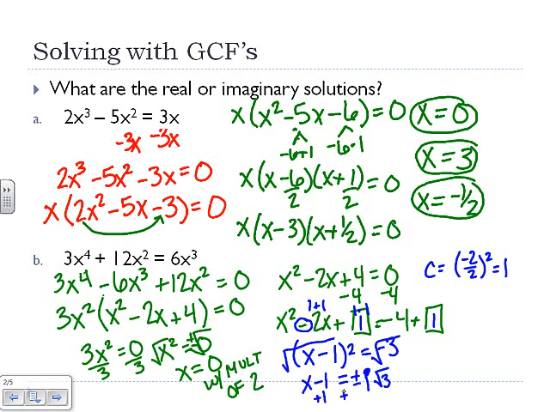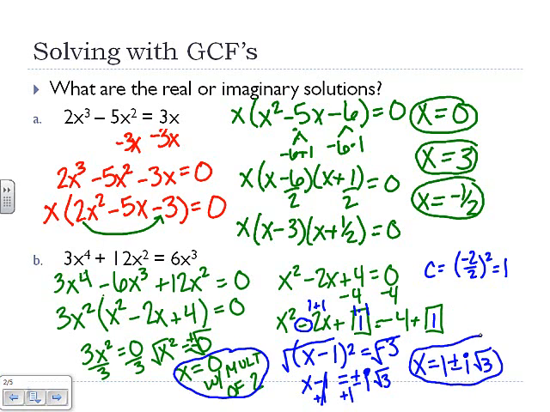Then add 1 to both sides, so the final answer is x equals 1 plus or minus i root 3. So we have 2 real answers over here and 2 imaginary answers over here, making a grand total of our 4 answers from our original problem.